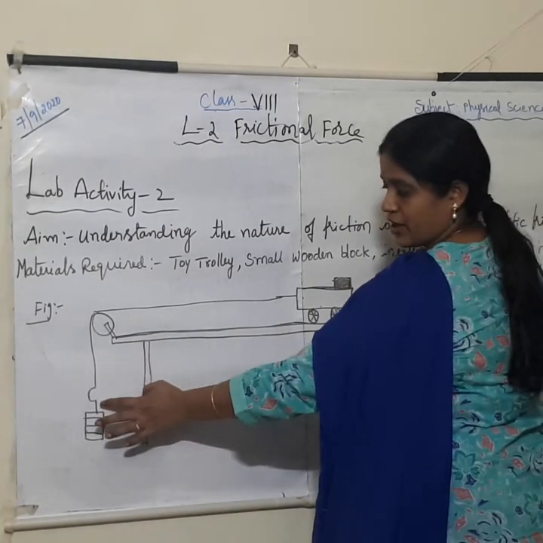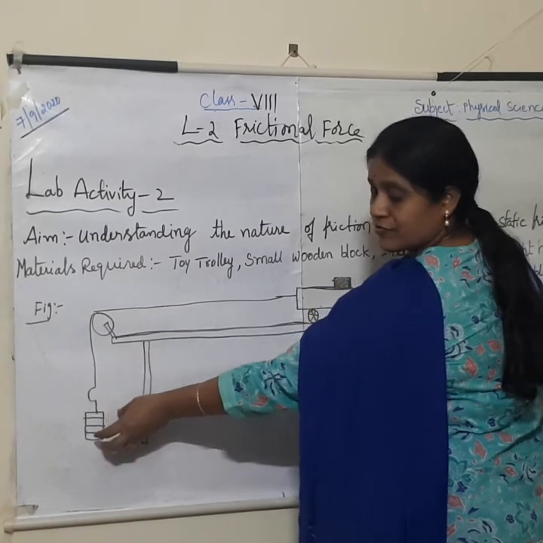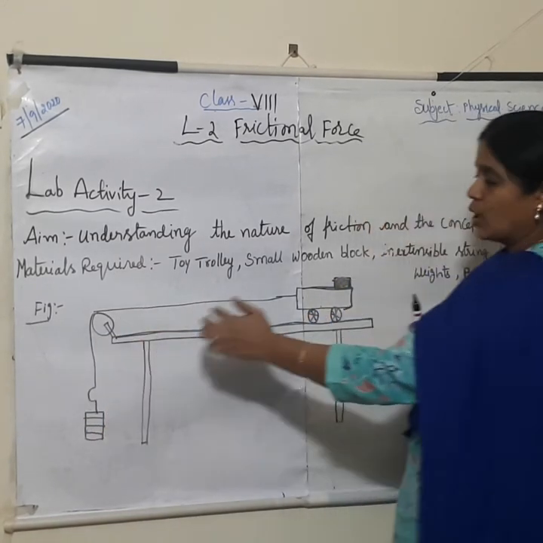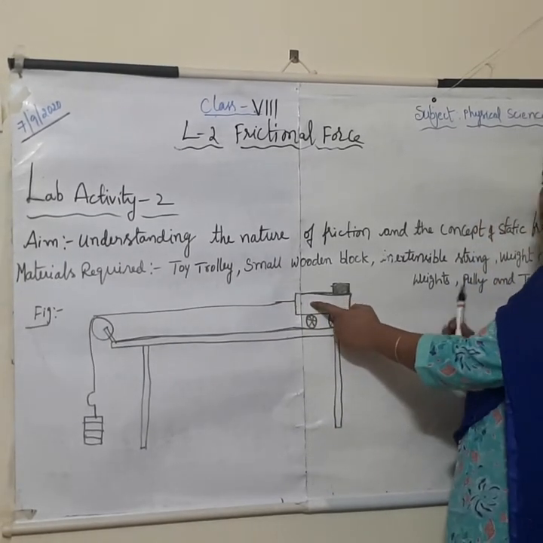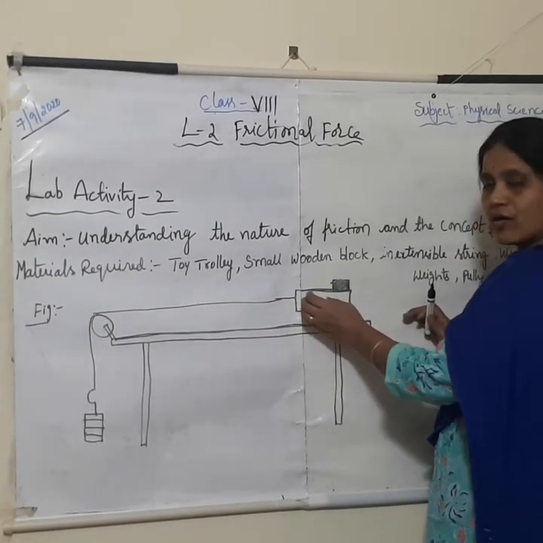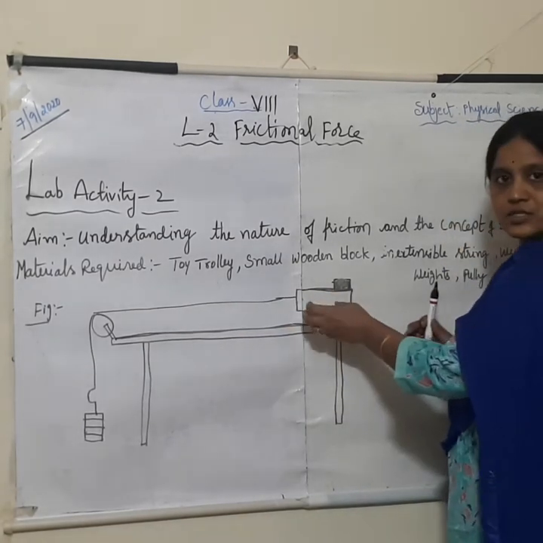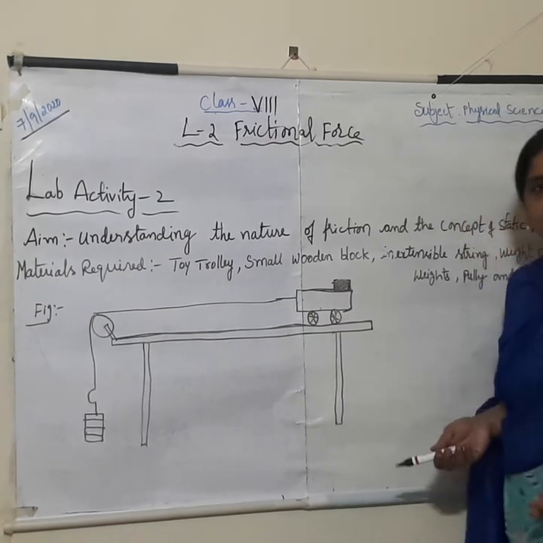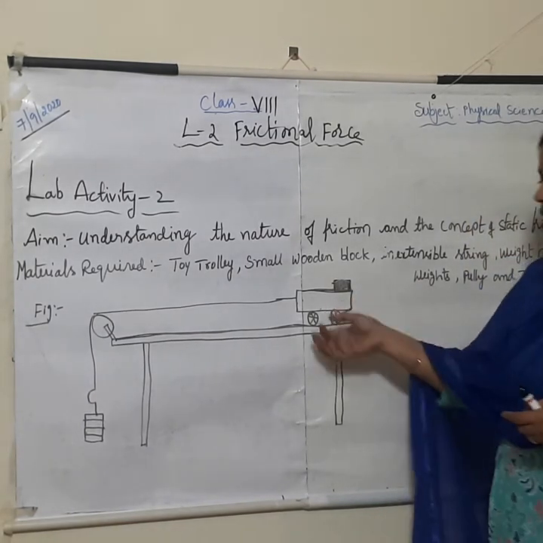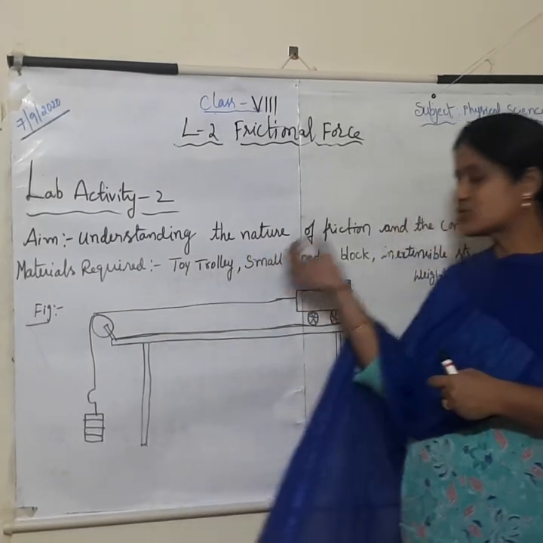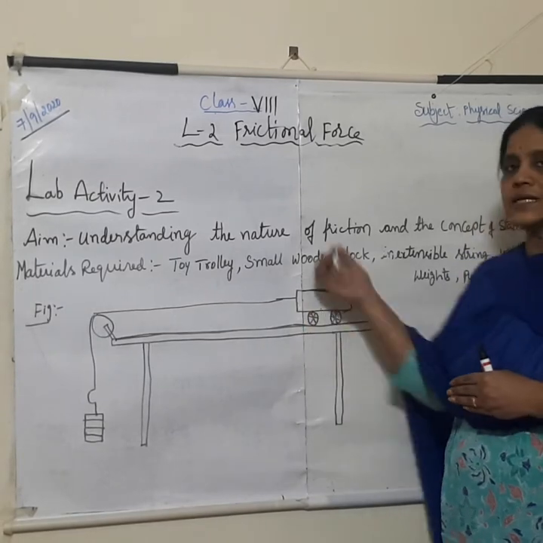Because of that weight, the mass of these weights is pulling the string, which is tied to the toy trolley. So obviously the toy trolley also starts moving, meaning it has an acceleration. Initially the toy is at rest. When you add weights, the toy starts moving, meaning there is a change in the velocity. So it has an acceleration.